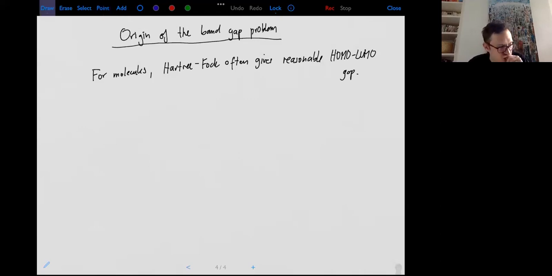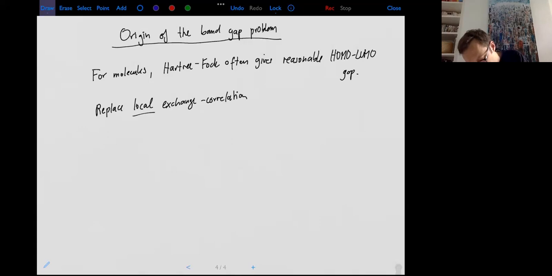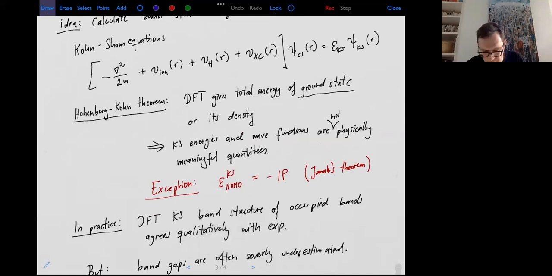So let's talk for a minute about Hartree-Fock. What do we need to do in Hartree-Fock? Basically, we have to replace the local exchange-correlation potential of DFT. Local means that the exchange-correlation potential is only a function of one position.